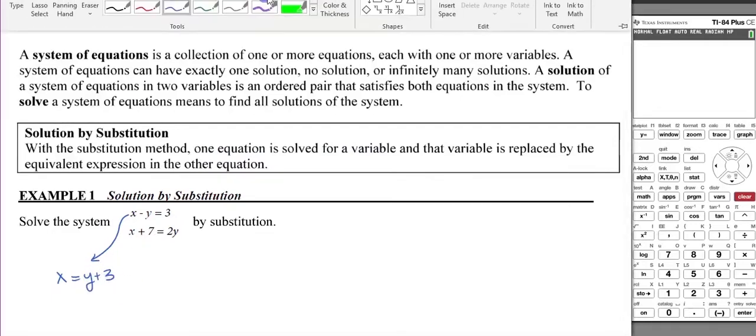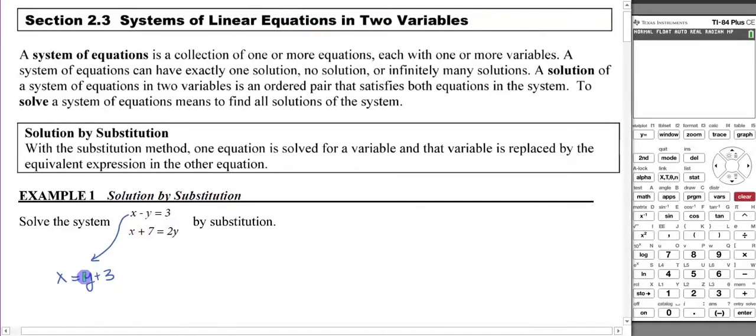Now if x equals y plus 3, then we know we can substitute that in for x into the other equation. So I have y plus 3 plus 7 equals 2y. Now I have a simpler equation in one variable that I can solve.